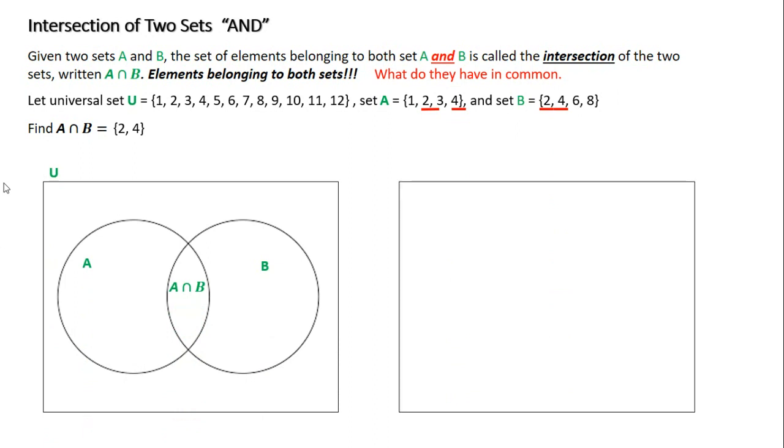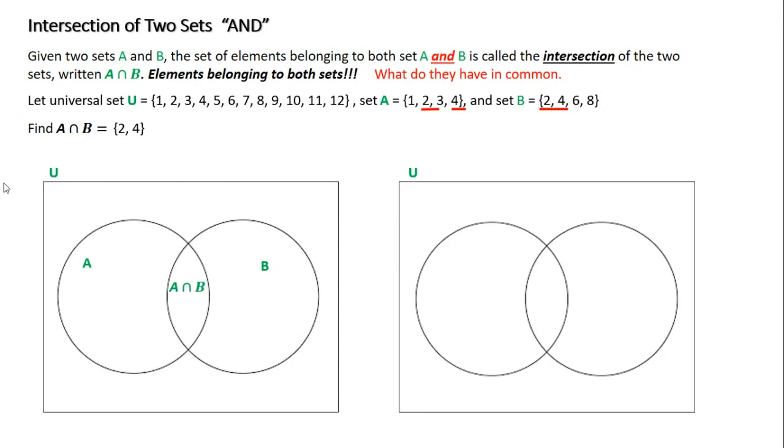So let's go ahead and put our values. This is our universe. Again, the intersection is the values that they share, which is just 2, 4. And A has the values 1, 2, 3, 4, right? But you see that we put them perfectly so they can align with my other set. My other set is B, and the elements are 2, 4 that are already there, and 6, 8.